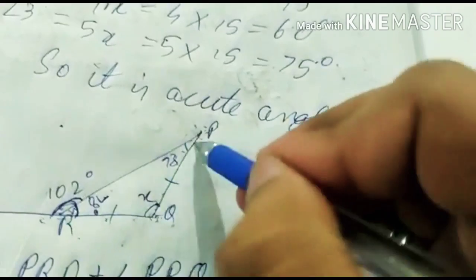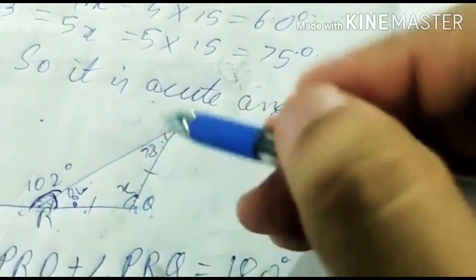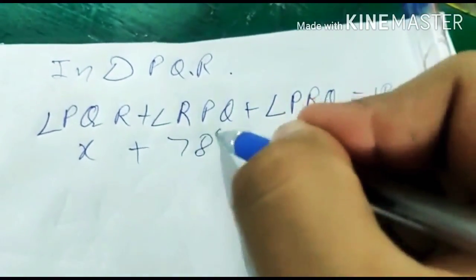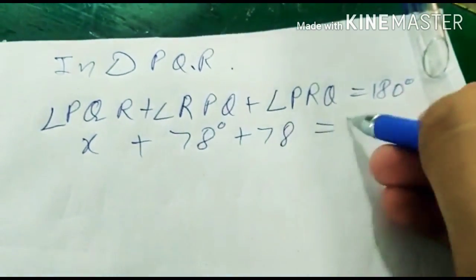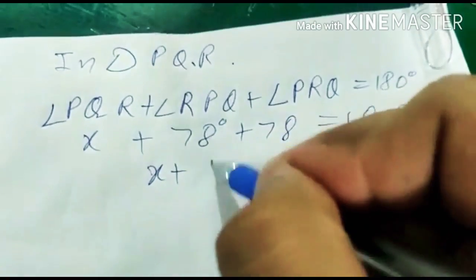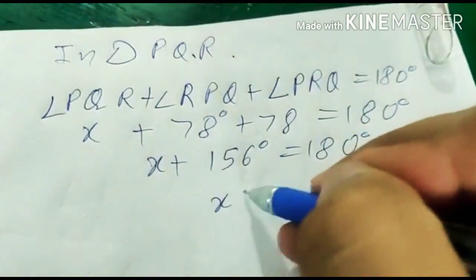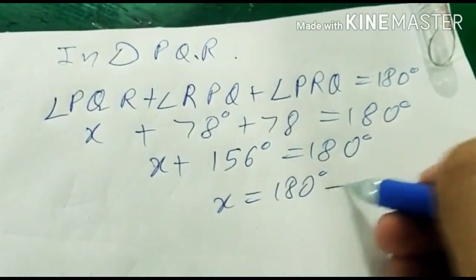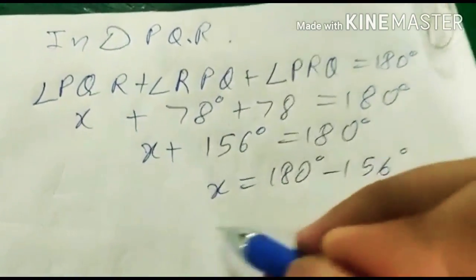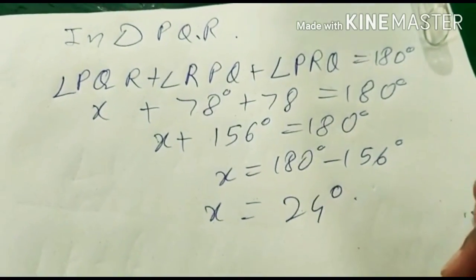The sum of these three angles is 180 degrees, as I have told you before, the sum of three angles of a triangle is always 180 degrees. This is X plus 78 degrees plus 78 degrees equals 180 degrees. So X plus 156 degrees equals 180 degrees. X equals 180 degrees minus 156 degrees. This is X equals 24 degrees.